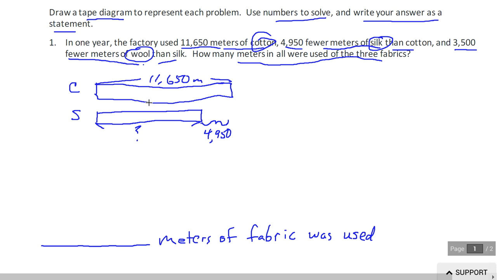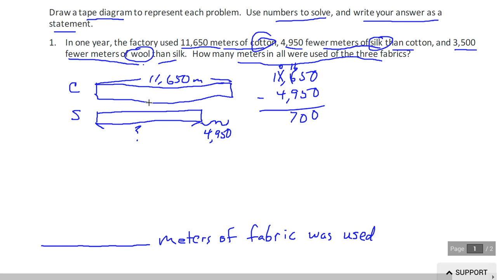So let's go ahead and do that before we worry about the wool. Let's figure how much silk we have. We have 11,650, and from that we're going to subtract 4,950. So 0, 0. Borrow 1 from here, which makes that 16. So 9 and 7 is 16.